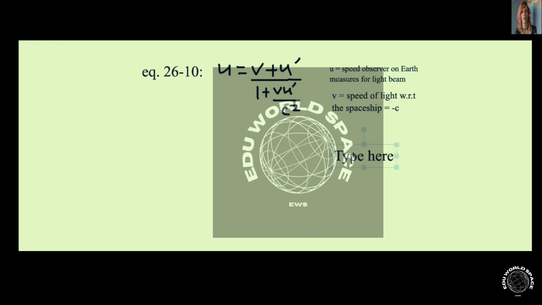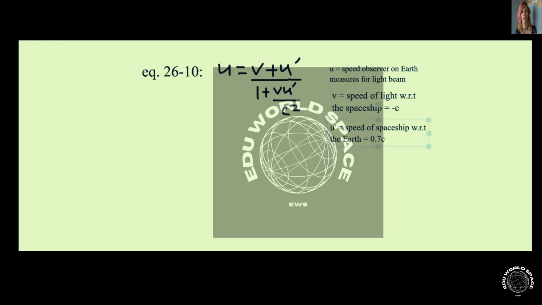And then you have your u prime, which is the speed of the spaceship with respect to the Earth. The spaceship, as we know, is moving away from the Earth at 0.7 c. So there is that.